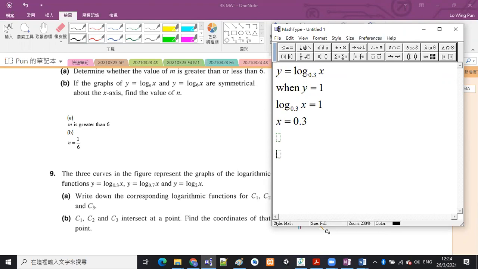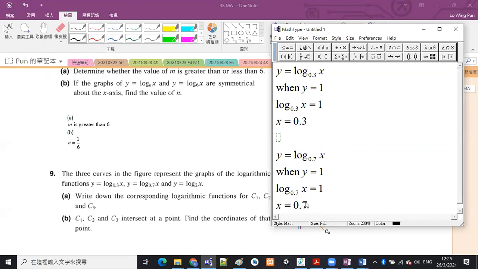For the second function, I'll place it later because we cannot compare yet. For the function log x base 0.7, when y is equal to 1, then log base 0.7 of x equals 1, which means that x is 0.7.